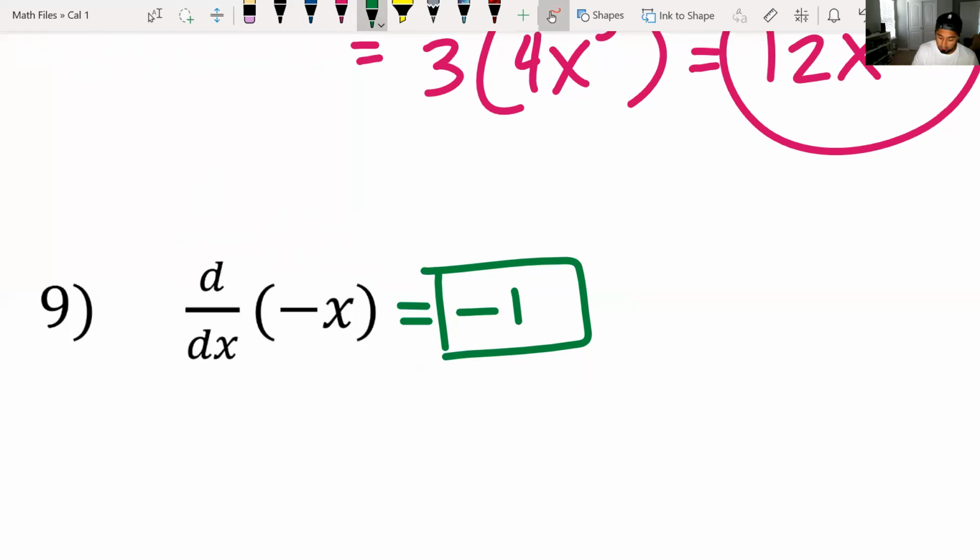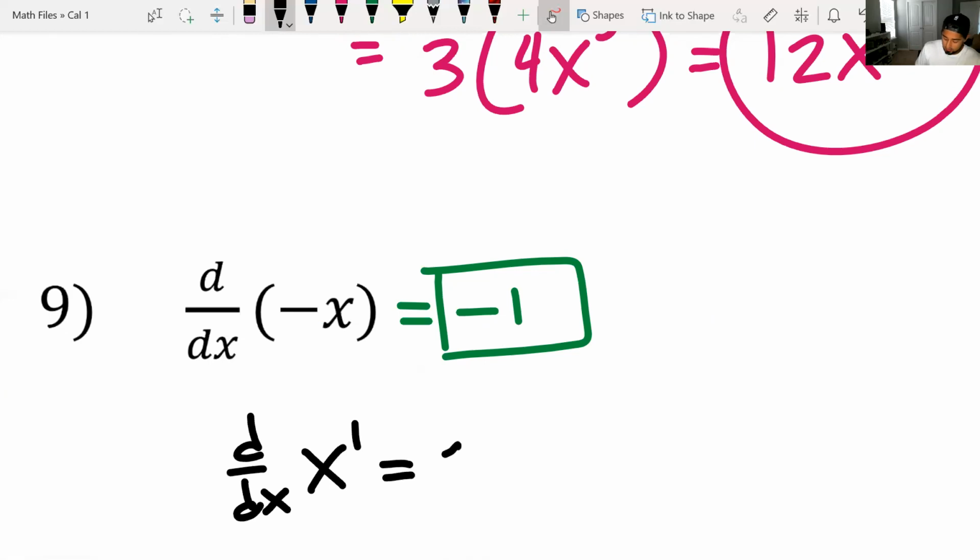Why is it 1? Well, let's find out. D over dx of x. What power, what degree, what exponent is on this x but not shown? That is 1. Now let's apply the power rule.